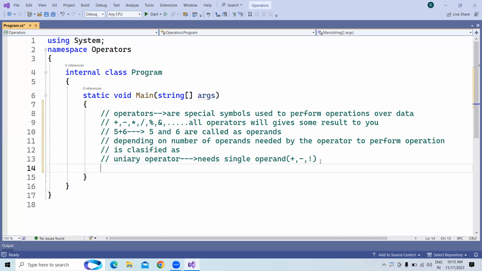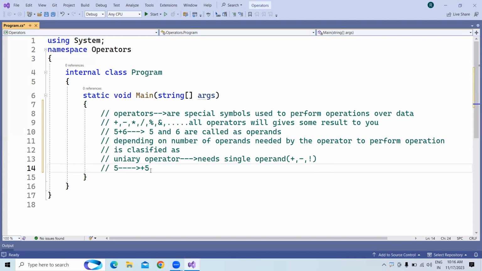For example, if I type a number here, is that number positive or negative? You will say it is positive, because if nothing is written in front of a number, we consider it positive. By default, plus is there in front of 5.